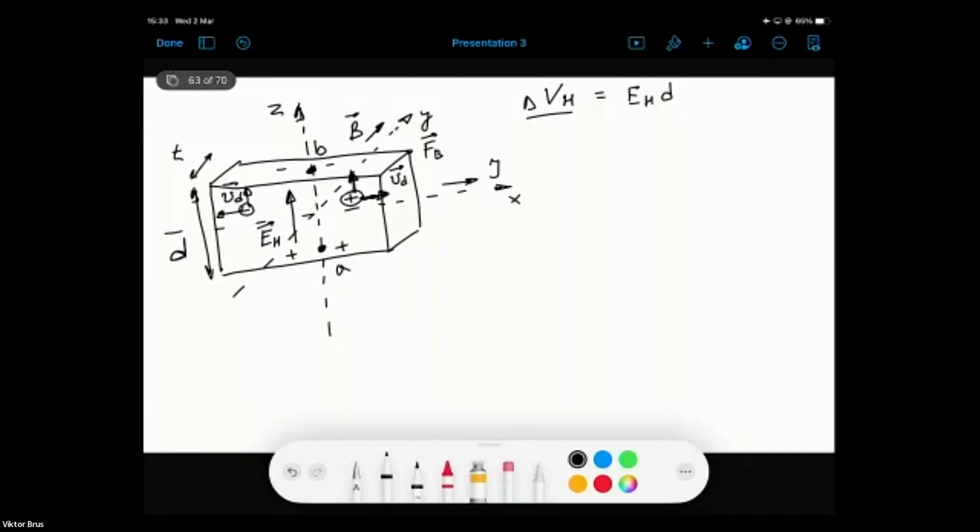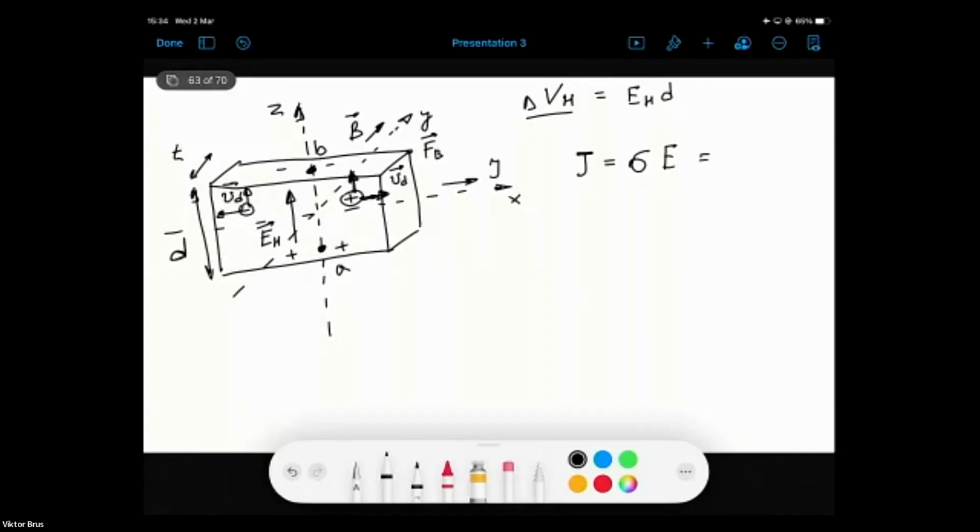So as you remember from Ohm's law in differential form, J, current density, is defined by the product of sigma, which is specific electrical conductivity, and electric field.